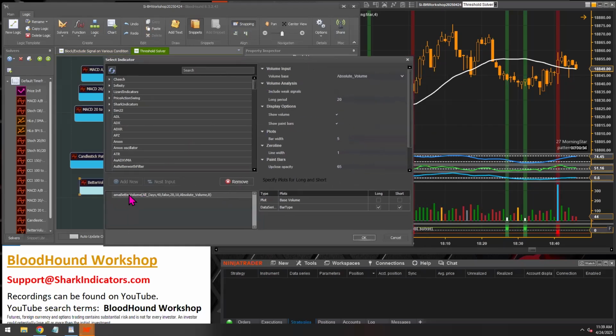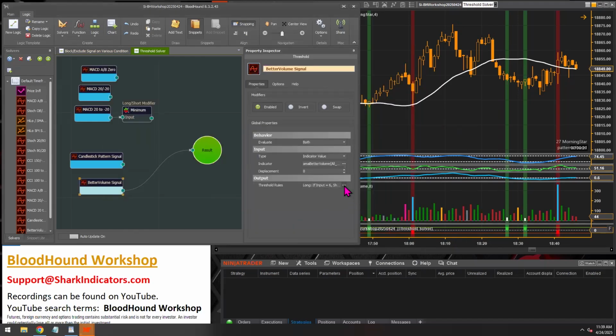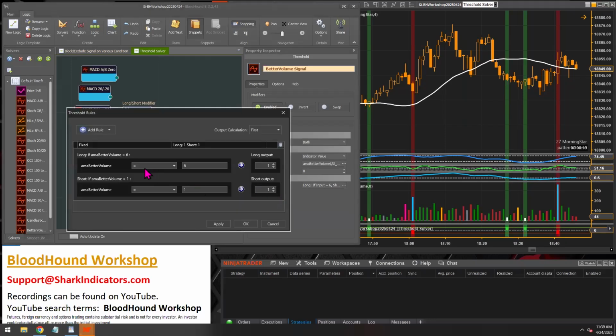With the BetterVolume, it has this output called bar type, and that's what allows us to identify each of the different colors there. And that is a job for the threshold solver, to be able to read those signal outputs there, right?